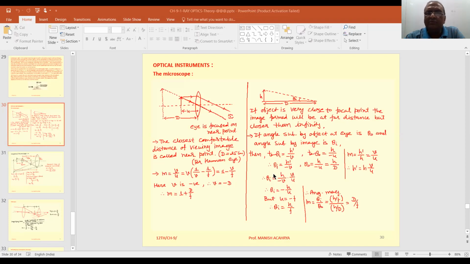That is, image formation happens on the same side where our object is. And that image formation should be at a distance which is known as the distance of closest approach. So image formation should take place at that distance or farther than that.